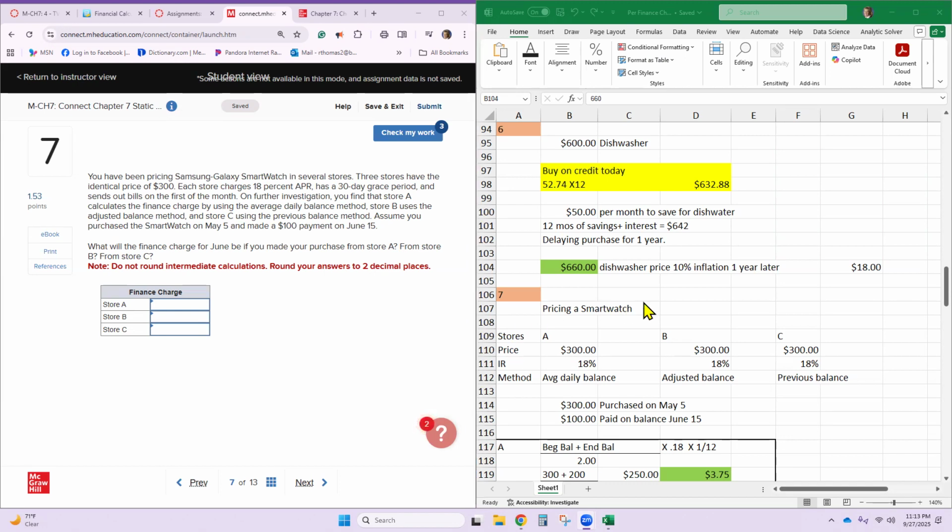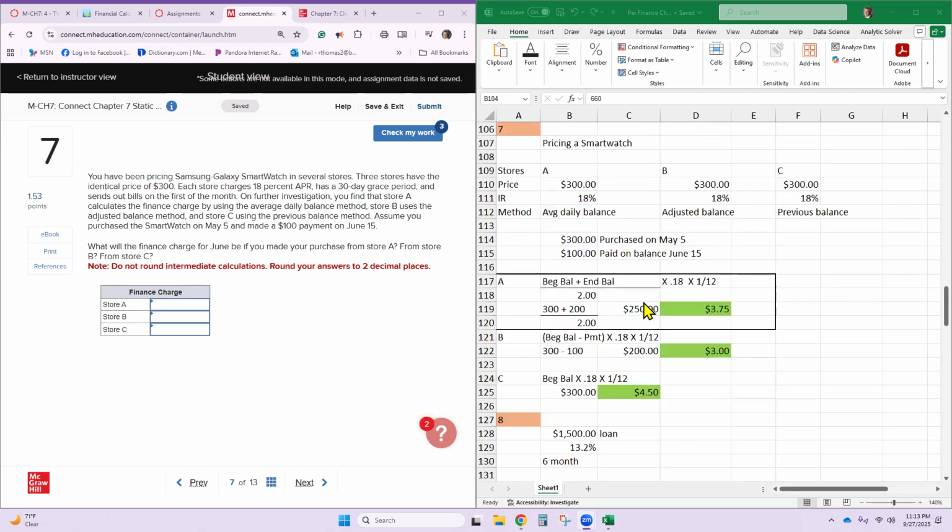All right, so here is what they're talking about. Credit cards differ in the way that they calculate the balance. Okay, how they figure the interest, and it's legal that they all do it differently.